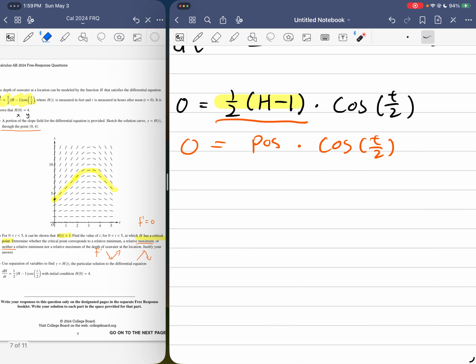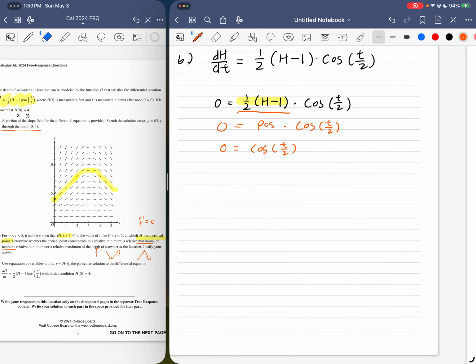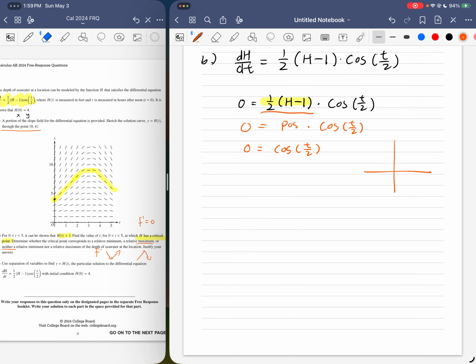So what we have to do is make this one equal to 0. So 0 equals cosine of t over 2. Now the question is, when does cosine become 0? 0, pi over 2, pi, 3 pi over 2. So keep that in mind. Cosine is the x value. This one is 0, 1. This is 0, negative 1.